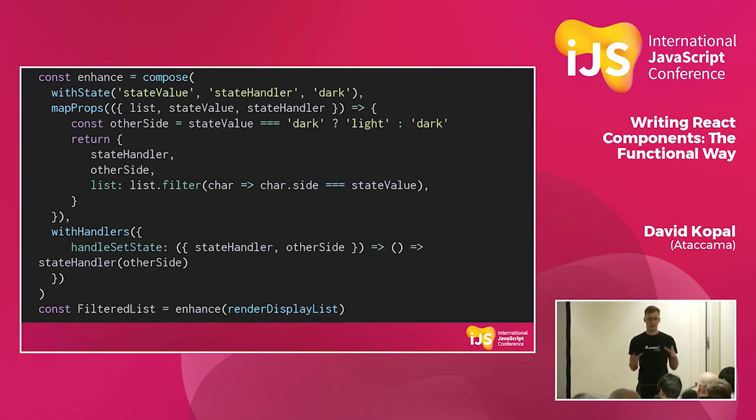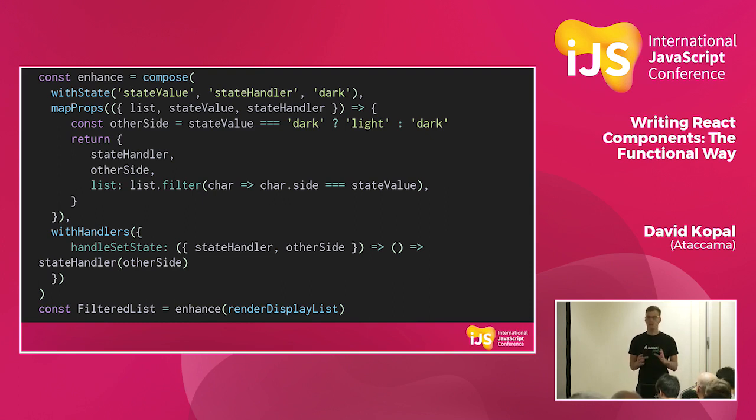So in the end we have reusable higher order components and reusable presentational components. And then we just use the reusable presentational components throughout our application, and we enhance them by a single or by several higher order components depending on what kind of logic we want. So we are using classes basically only for higher order components that need that class behavior.